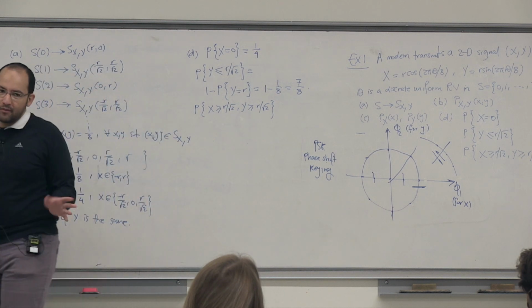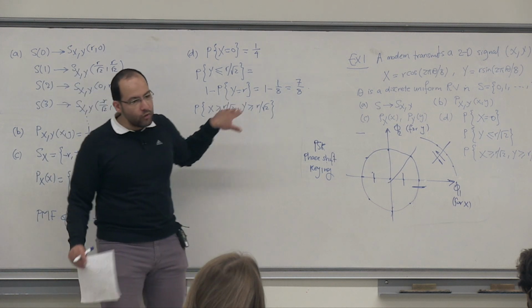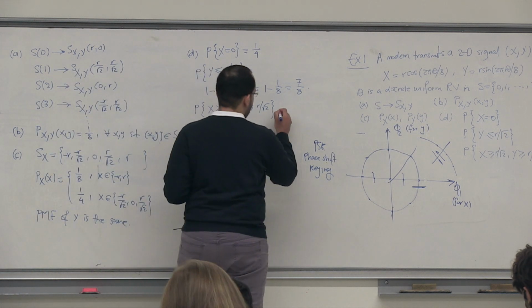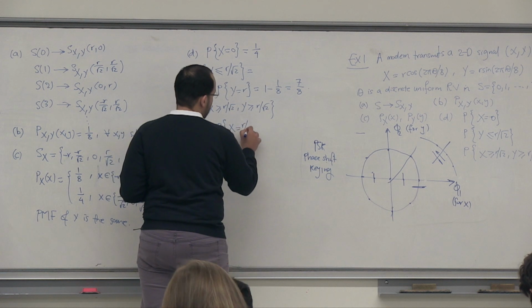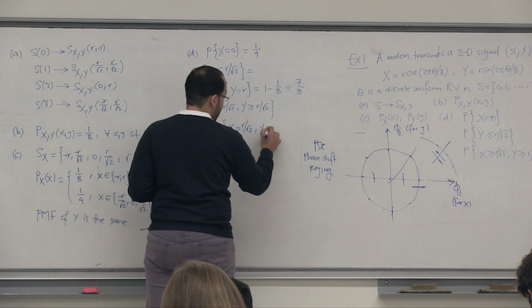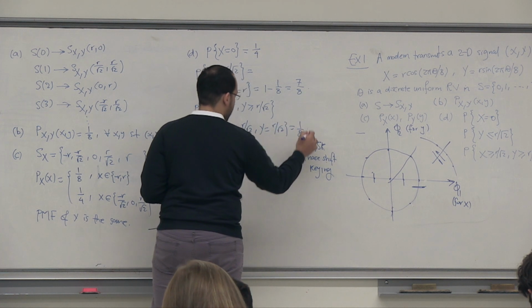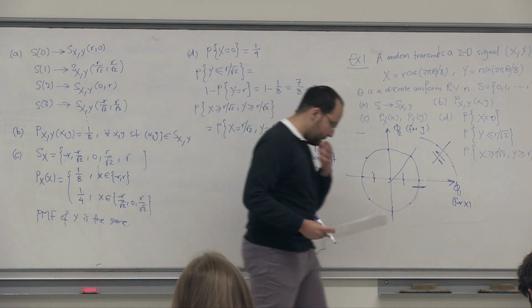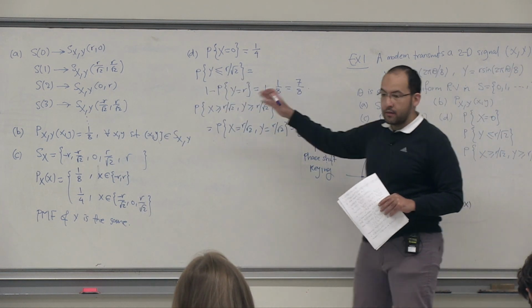It doesn't happen. And the same for Y. So this is only a single point, and since it is a single point, we can write it as the probability that X equals R over square root 2, Y equals R over square root 2, equals 1 over 8. All right. Any questions until now?